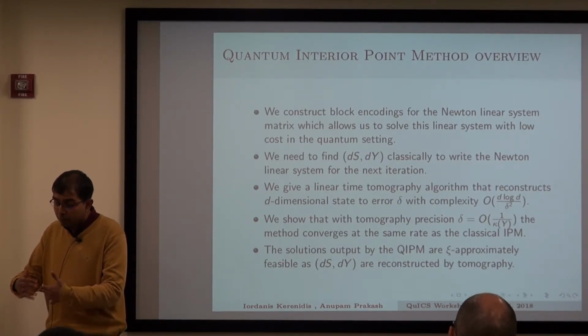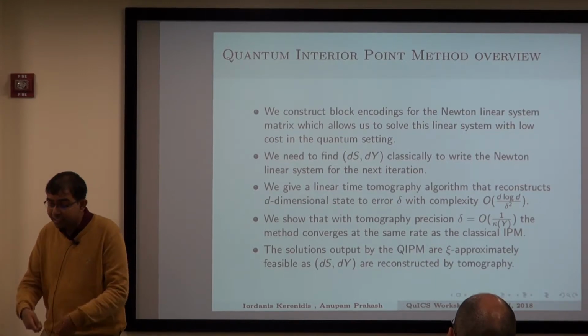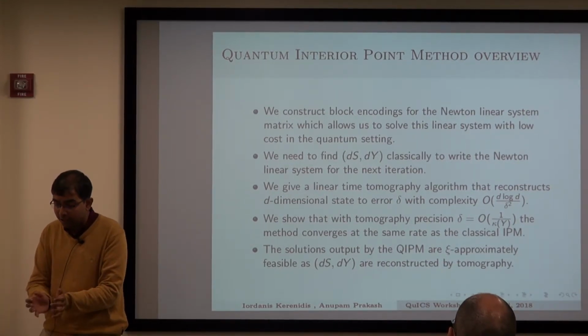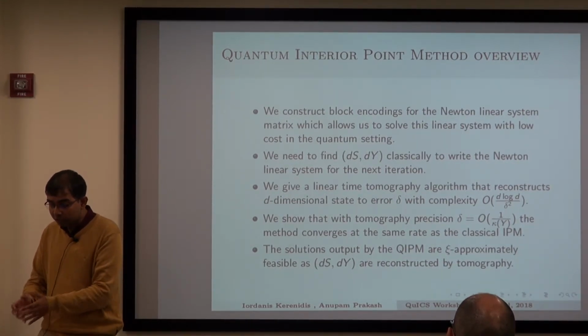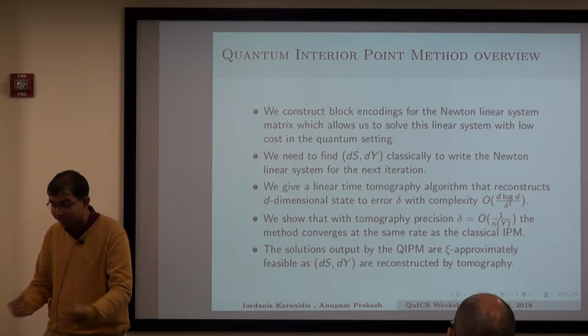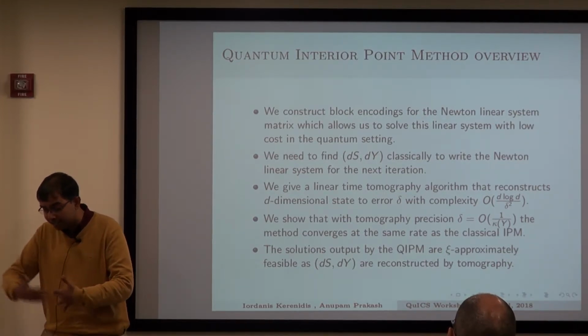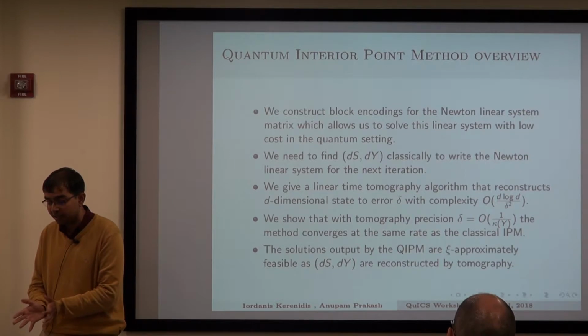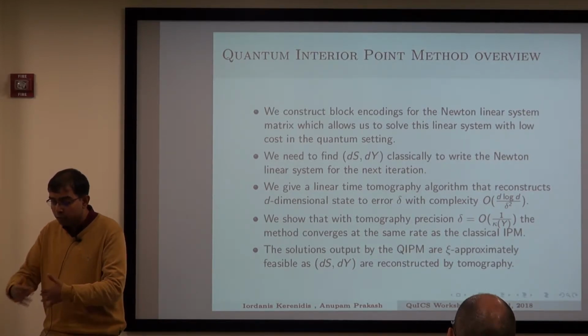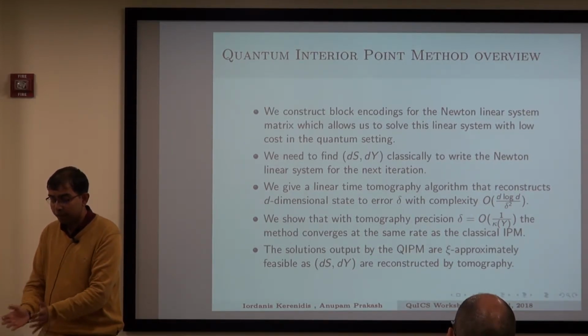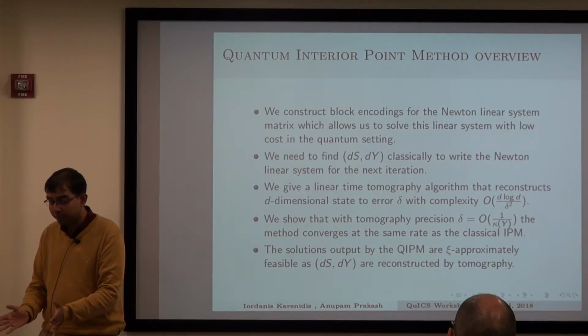But the more important thing is that to construct the next linear system, we need the classical values of ds and dy. So we need to write down ds and dy as classical vectors to even write the Newton linear system for the next iteration. So we need to do tomography after each step of this interior point method.